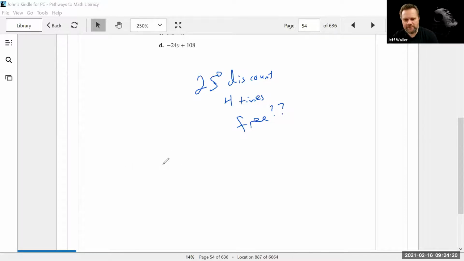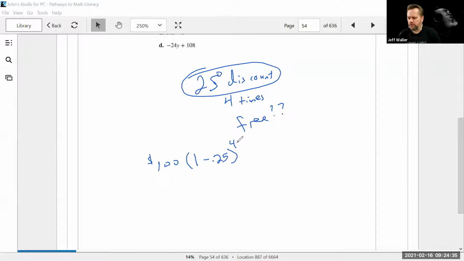So something starts off at $100 and I give a 25% discount 4 times. Here's what that would look like. A whole thing minus 25% 4 times. That's a beautiful shortcut.